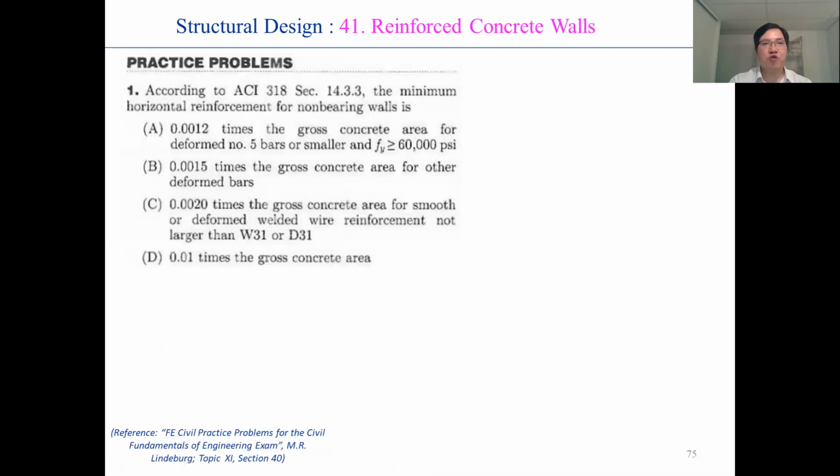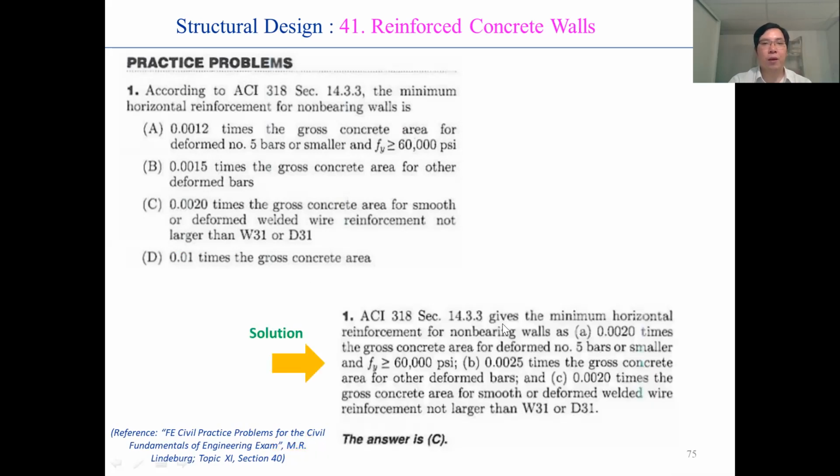In this slide, I show you the practical problem related to the reinforced concrete walls. According to ACI 318, the minimum horizontal reinforcement for the non-bearing wall is A, B, C, or D. So you can find in the documentation that ACI 318 section 14.3.3 gives the minimum horizontal reinforcement for non-bearing walls.